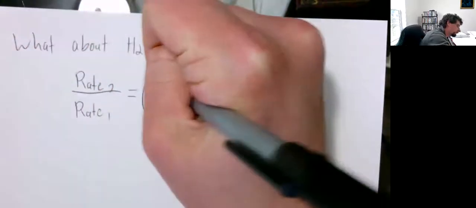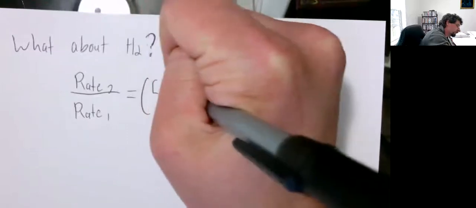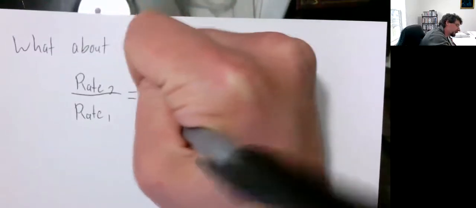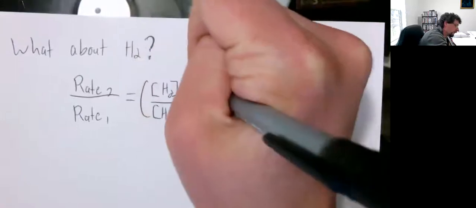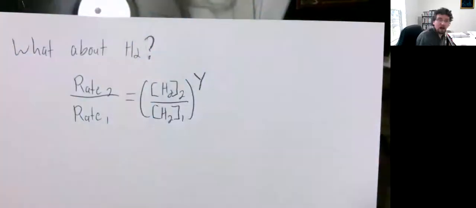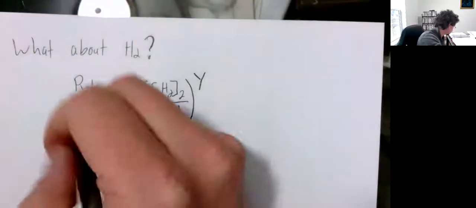In that case, we have the rate of trial 2 over the rate of trial 1 is equal to the concentration of H2 in trial 2 divided by the concentration of H2 in trial 1, all raised to the power of y. So we plug in our values.